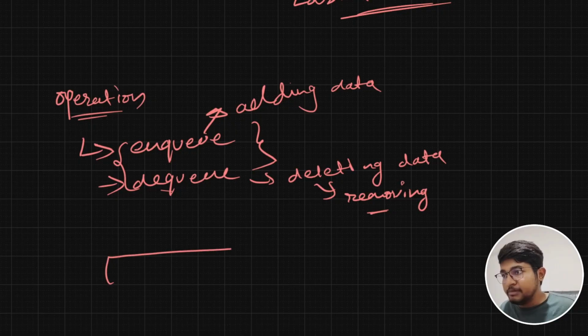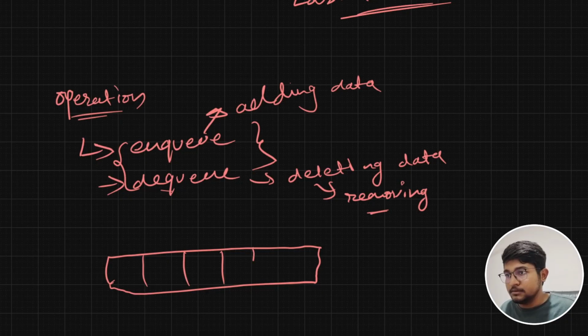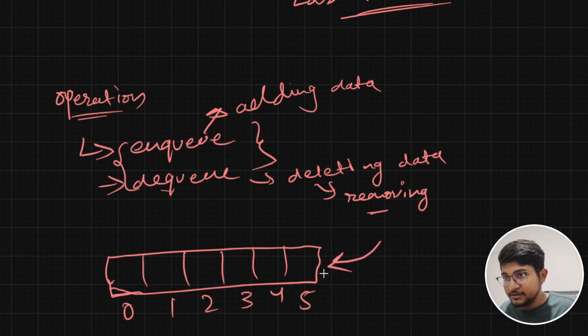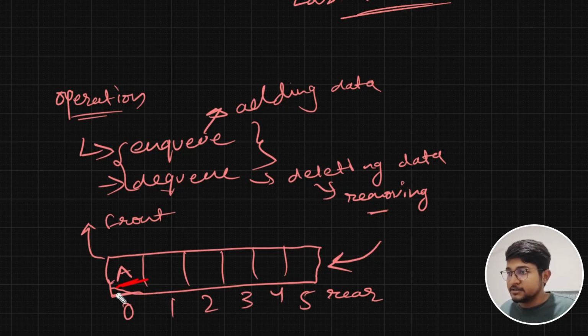Let's say we are implementing a queue using an array, for example. This is the 0th place, 1, 2, 3, 4, 5. Entering enters from behind, the rear, and exits from the front. Let's say we are entering some value, a. It will enter from here, go till here, and get stopped.